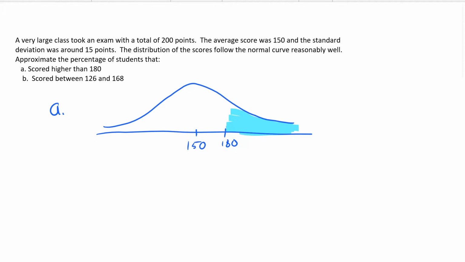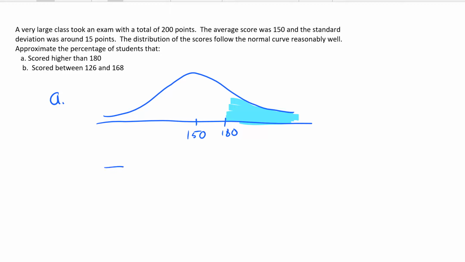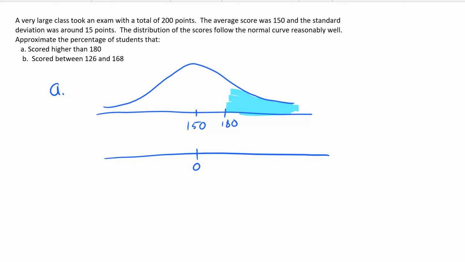In order to solve this, we need to convert our horizontal axis to standard units. The 150, being the average, converts to 0. To figure out what 180 is in standard units, we take the number 180, subtract the average, which is 150, and divide by the standard deviation, which is 15. 180 minus 150 is 30, divided by 15.